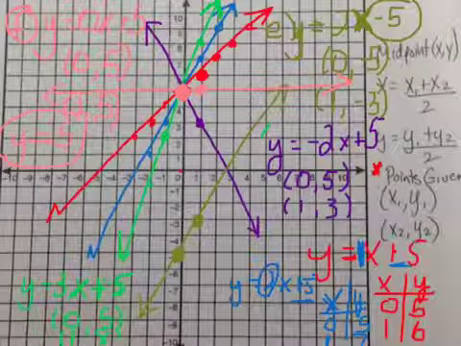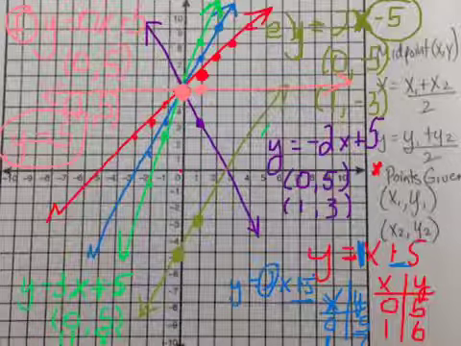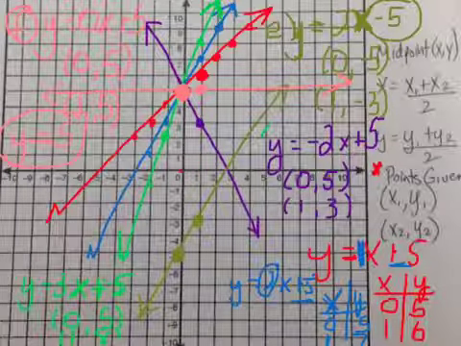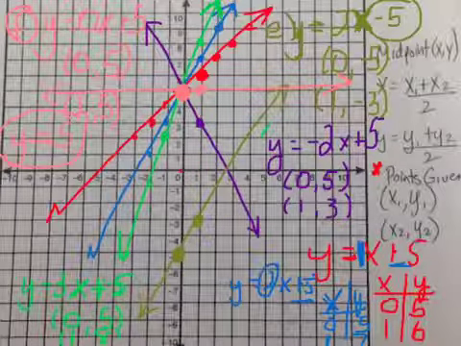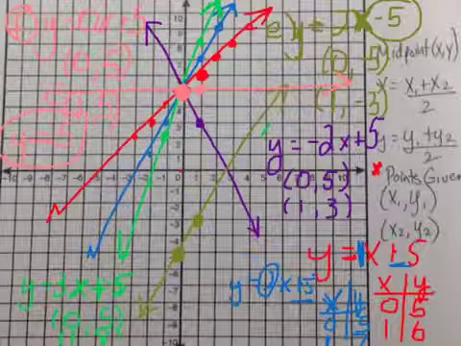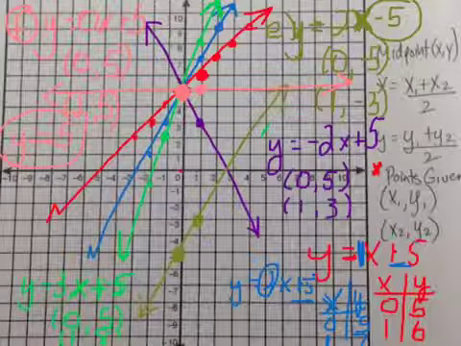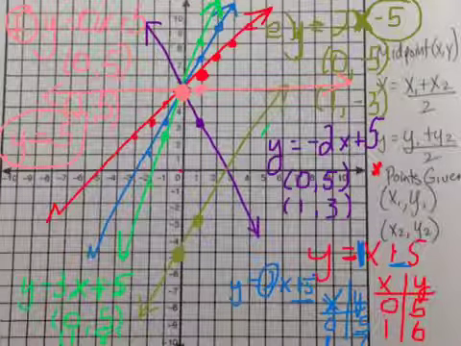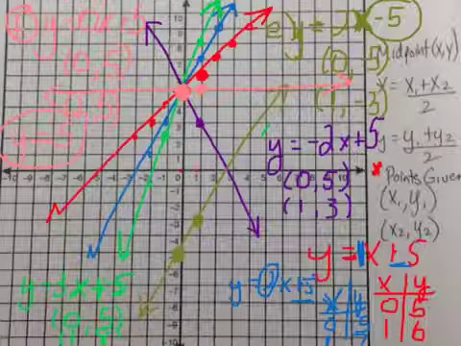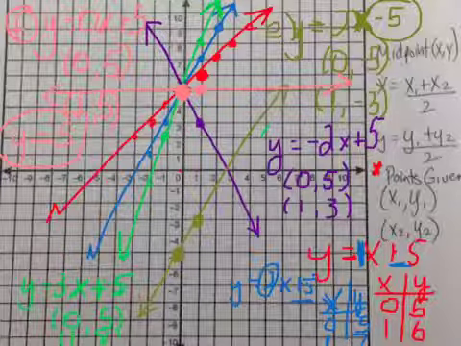But lazy mathematicians go, too much work, and they're going to write y equals 5, and that term dropped out because it's being multiplied by a 0. So when you have a horizontal line with 0 slope, it can actually be written in slope-intercept form, in that y equals mx plus b form. It's just that we normally don't do it because 0 times anything is 0. We just don't write it down.